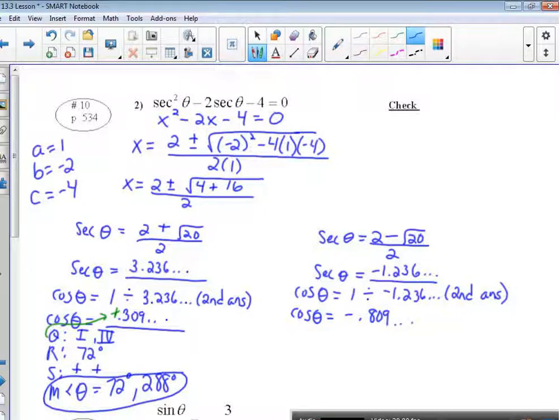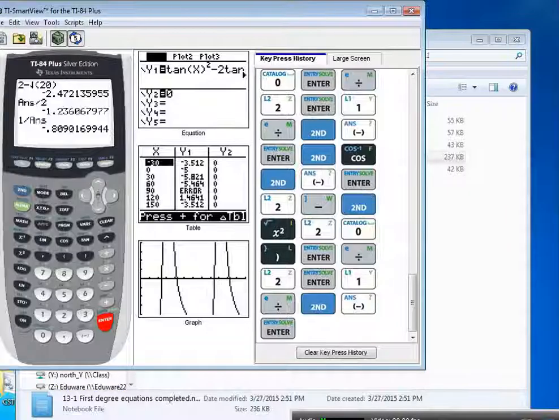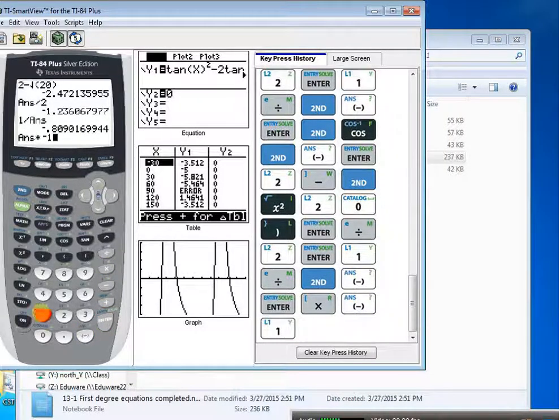So QRS. So I'm looking at now where this is positive. So it is negative. It's negative in 2 and 3. And now I'm going to find my reference angle. So I'm going to do times negative 1.